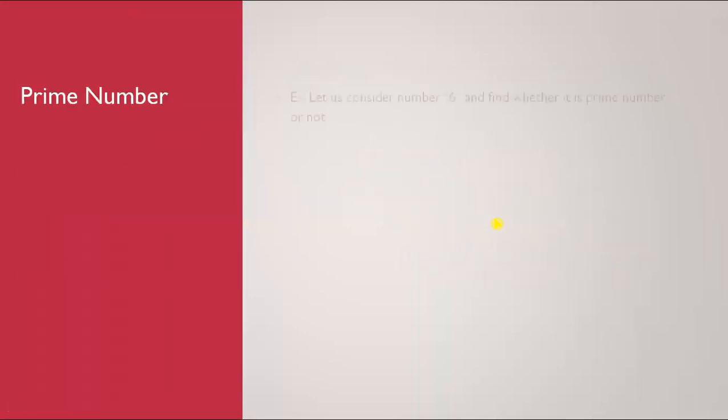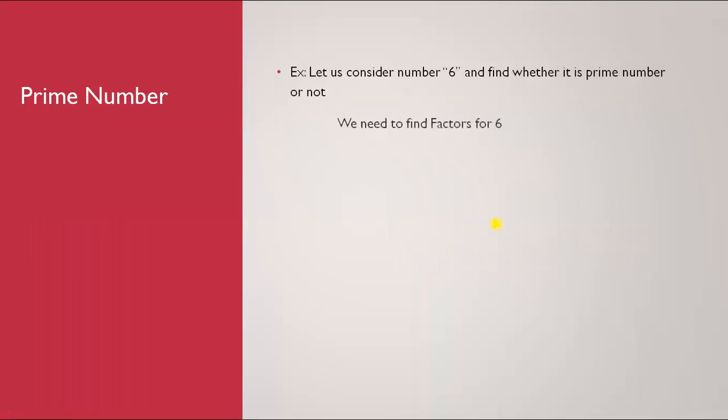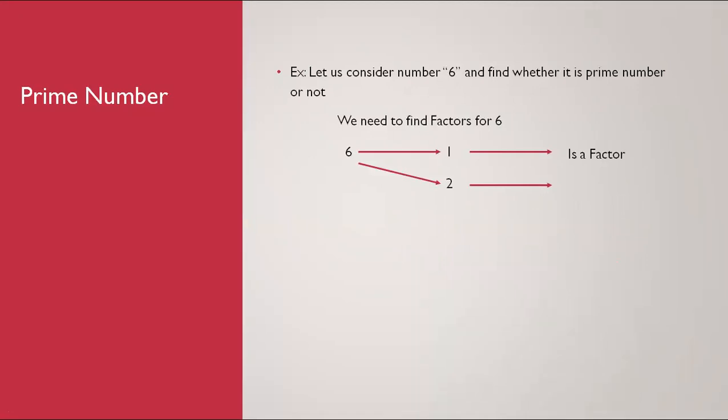Let's take 6. Consider 6, and we'll see 1 is a factor. Obviously, 1 is a factor for all the numbers, right? And if you consider 2, 6 modulus 2, if you consider the mod operator in a programmatic way, 6 mod 2 leaves a remainder 0, so it's a factor.